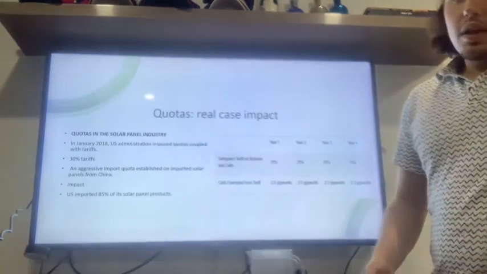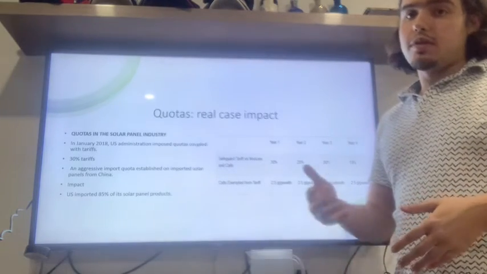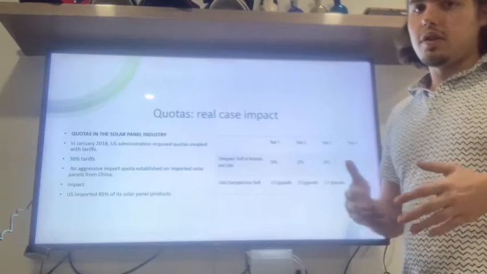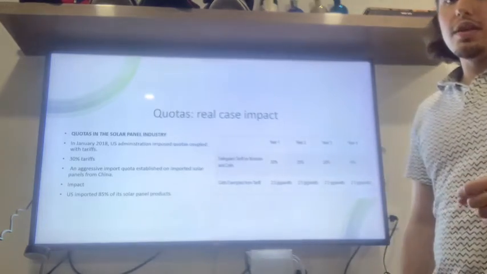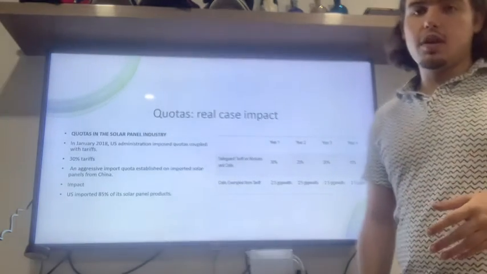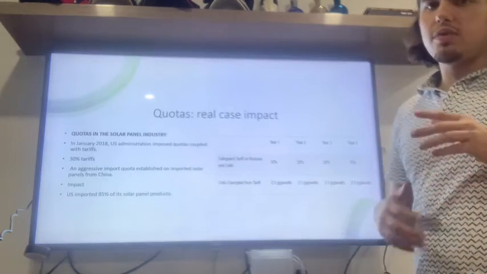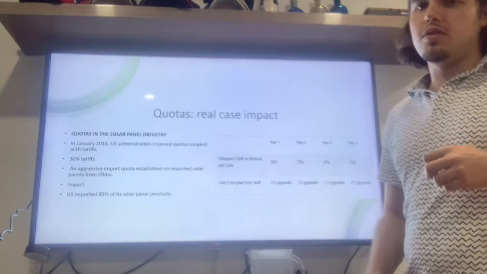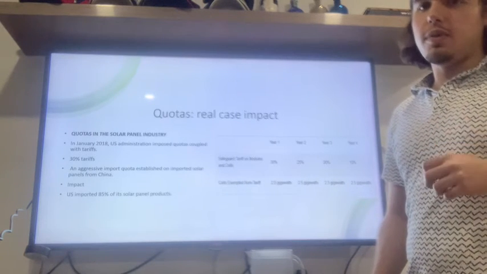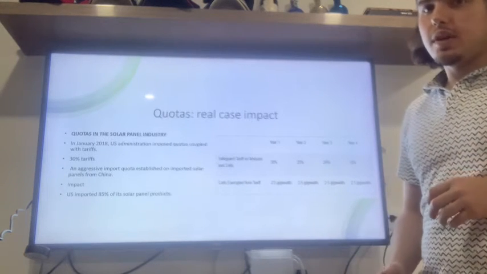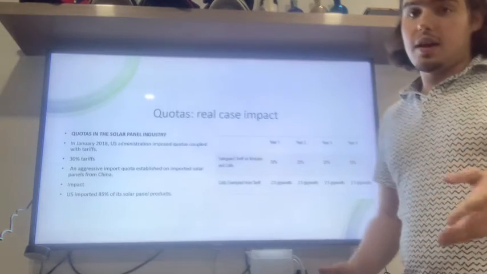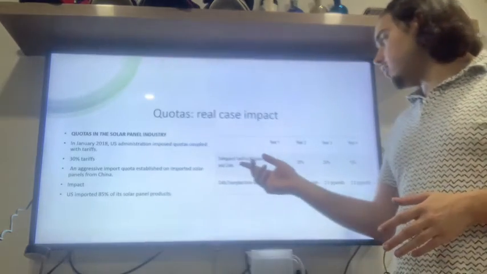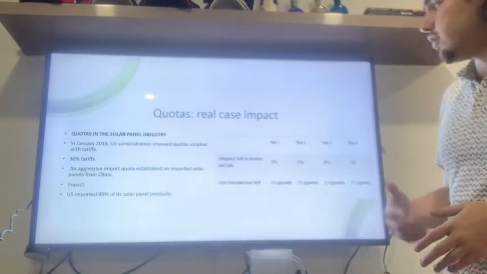The impact was a result of a decision that undermined the United States solar industry, which by then was responsible for generating 18.7 billion US dollars of investment in the economy. And by the time, the United States imported 85% of its solar panel products.